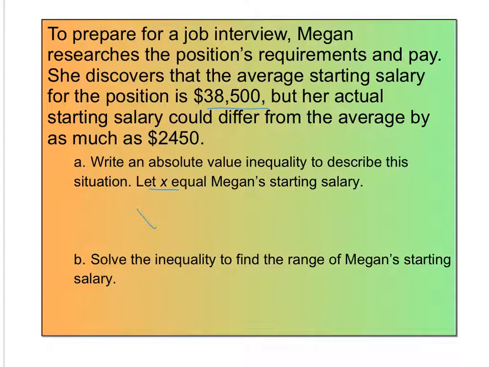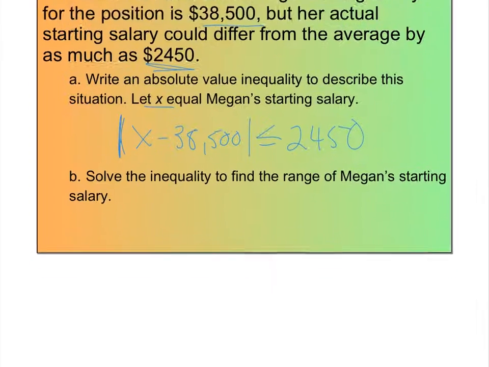So if I let X be Megan's starting salary, you know what? If I subtract whatever the average salary is and take the absolute value, that's going to be less than or equal to $2,450. All right, so her salary minus the average has got to be within that window of $2,450.